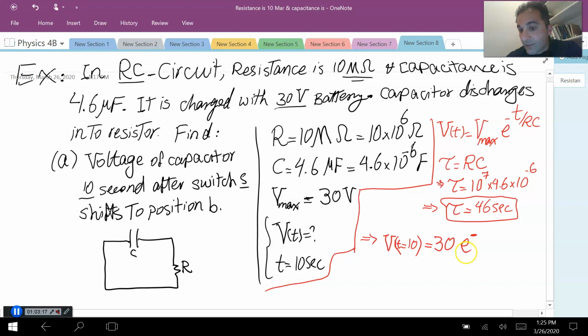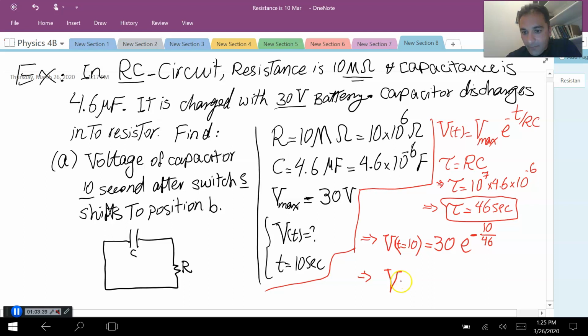This e is not the charge of the electron, remember. It's the natural log number. So e to the power of negative t. What is t, guys? 10. And what is RC? 46. Everybody go ahead, calculate this number, please.